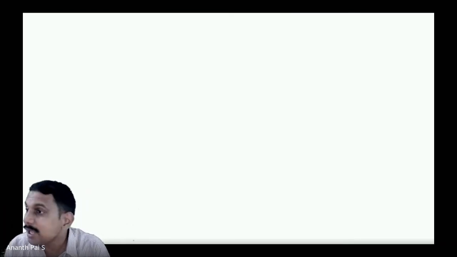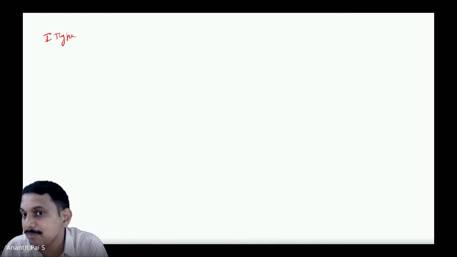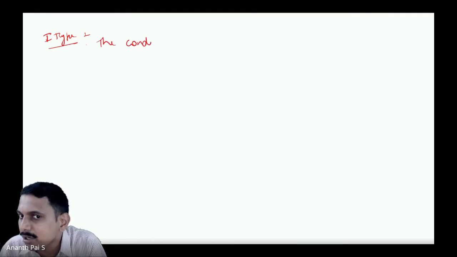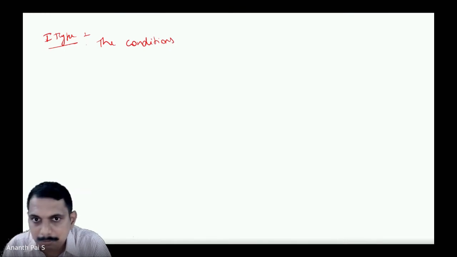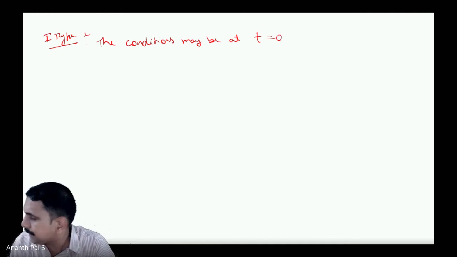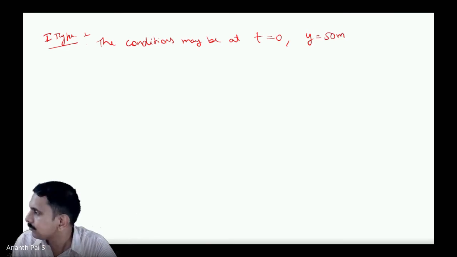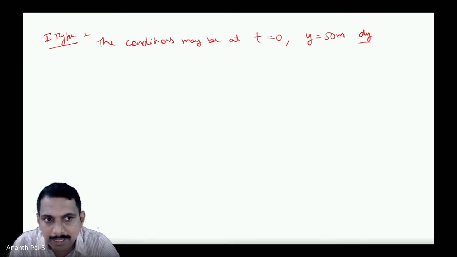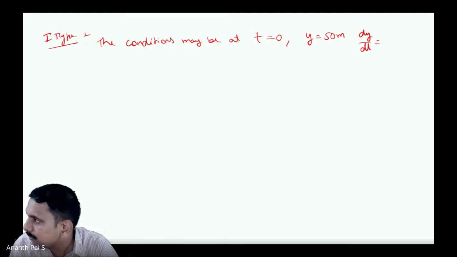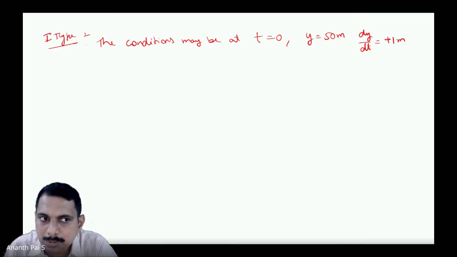Next one. Now we can find the particular solution. For the first type, I can say the conditions, I am not saying boundary or initial, the conditions may be: at t equal to 0, y is equal to 50 meters, and dy by dt is equal to plus 1 meters per second.